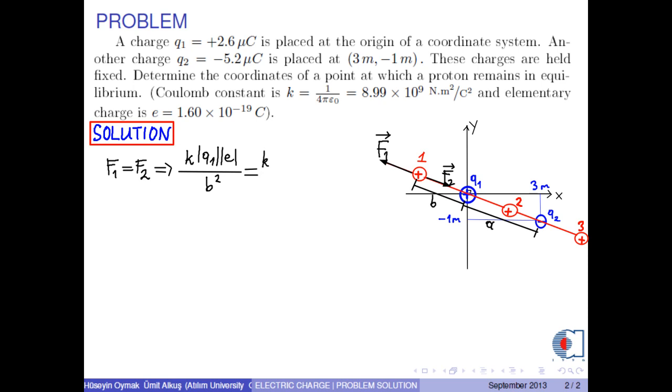And the magnitude of F2 is k times the absolute value of Q2 times the absolute value of the charge of the proton, that is e, over (a plus b) squared.